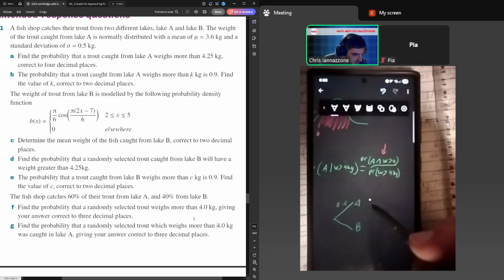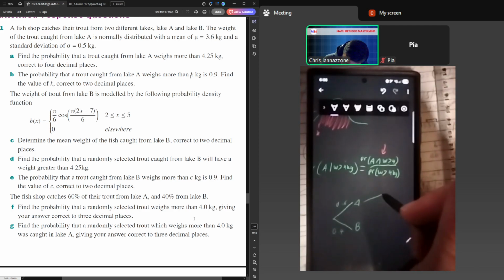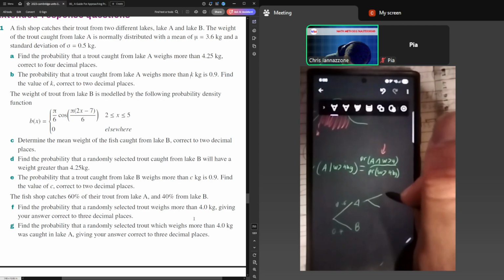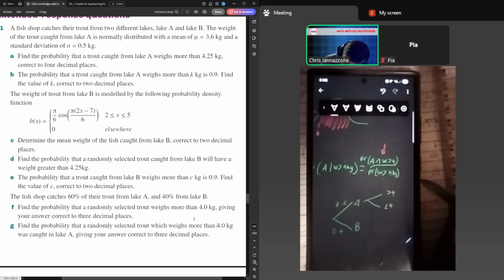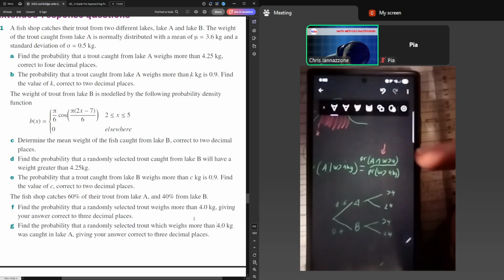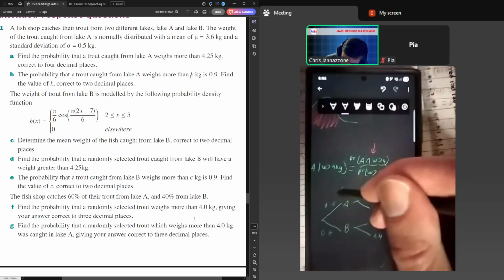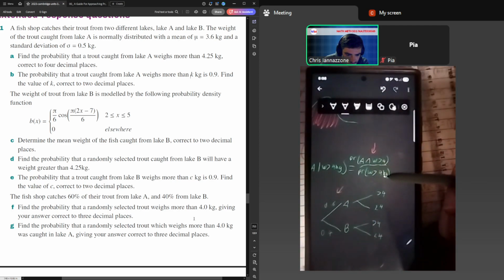So it was 0.6 Lake A and it was 0.4 Lake B. And then from there, the weight is either greater than 4 or less than 4 for both of those. Greater than 4 kilo, less than 4 kilo. This would have to be the correct way of doing that because it takes into consideration this earlier bit here, which is that the probabilities are weighted a little bit.